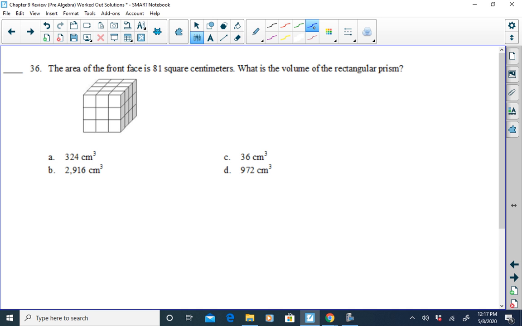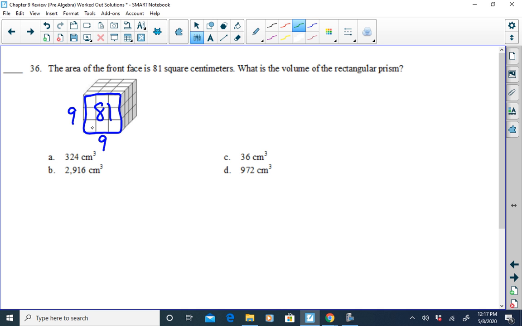The area of the front face is 81 square centimeters. So if we're looking at this front face here, we know that area is 81. In order for that to be 81, that would have to be 9, and that would have to be 9. Correct?